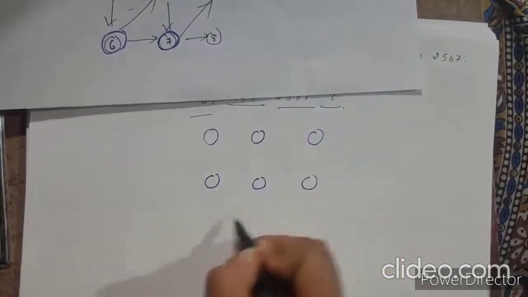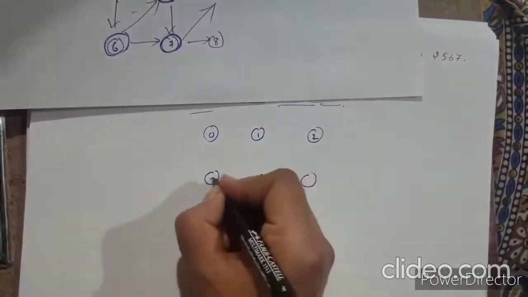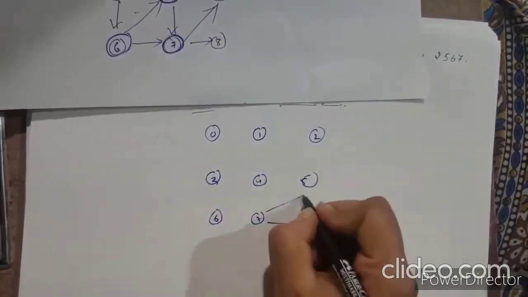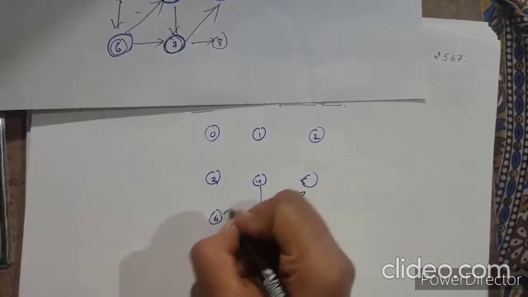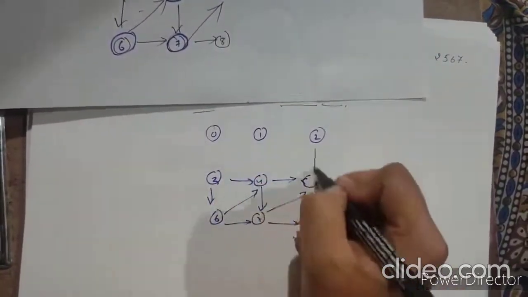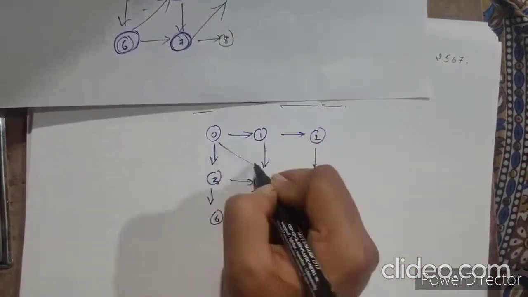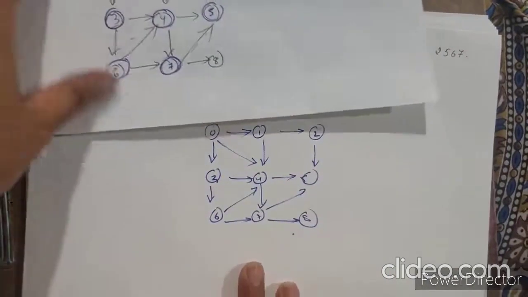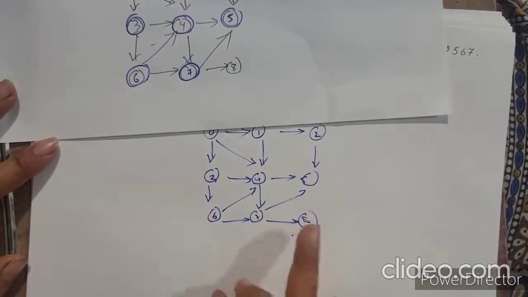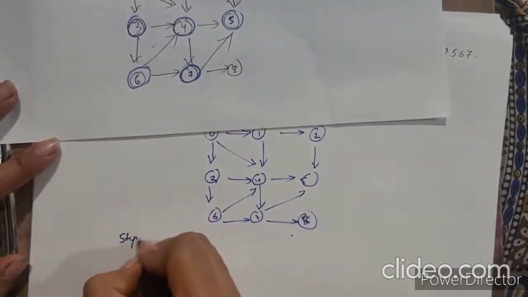Now we are going to highlight it: 0, 1, 2, 3, 4 and 5, 6, 7 and 8. Now we have to visit vertices adjacent to 8, that is your step number 4.